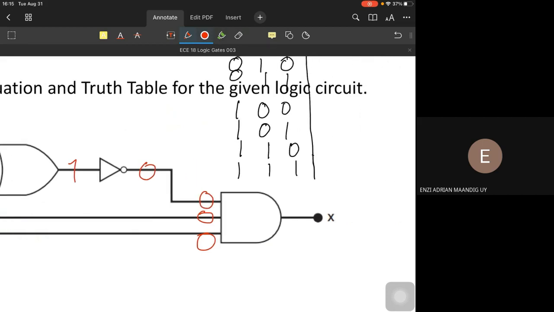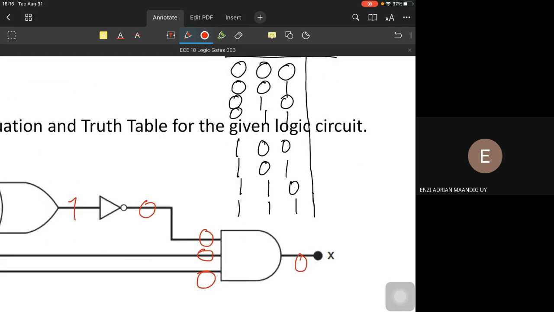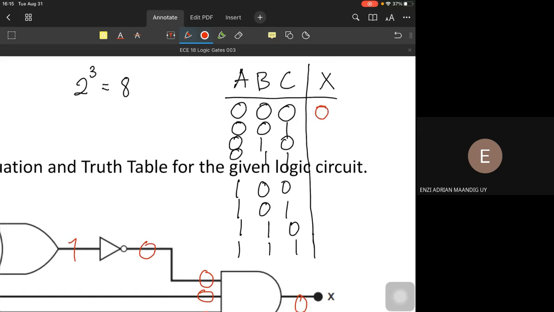So 0, 0, 0. What is the final answer? 0.